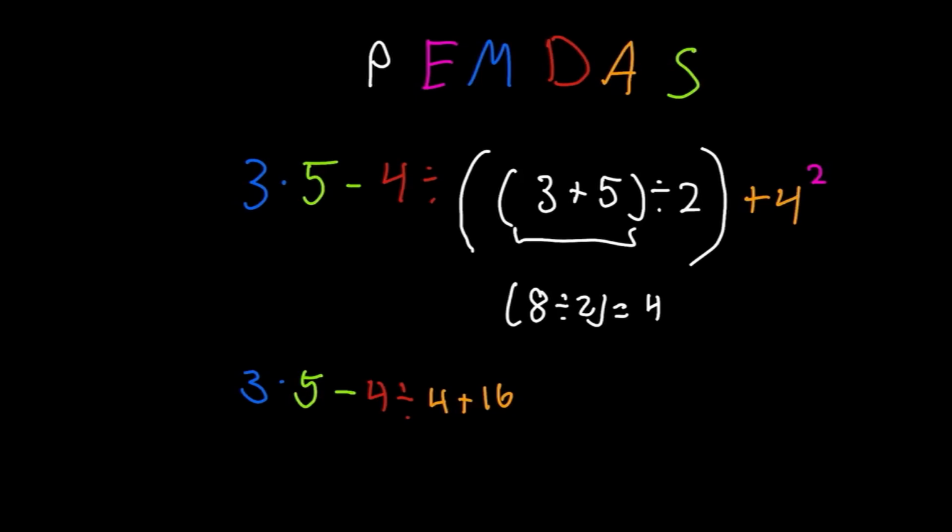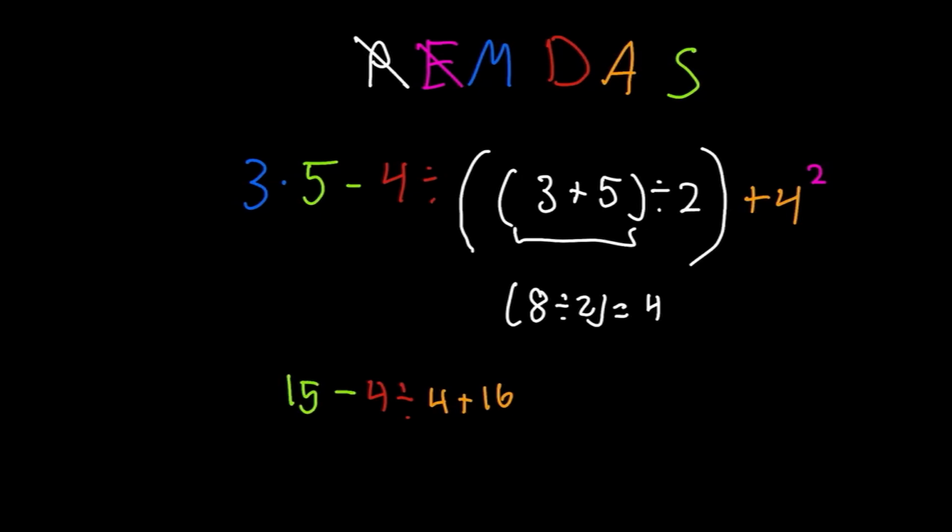And then we go left to right from PEMDAS. So we did the P already, did the E already. Now we have to do the M for multiply. So we get 3 times 5 over here. I'm circling. So that's going to become 15. So now I have 15 minus 4 divided by 4 plus 16.